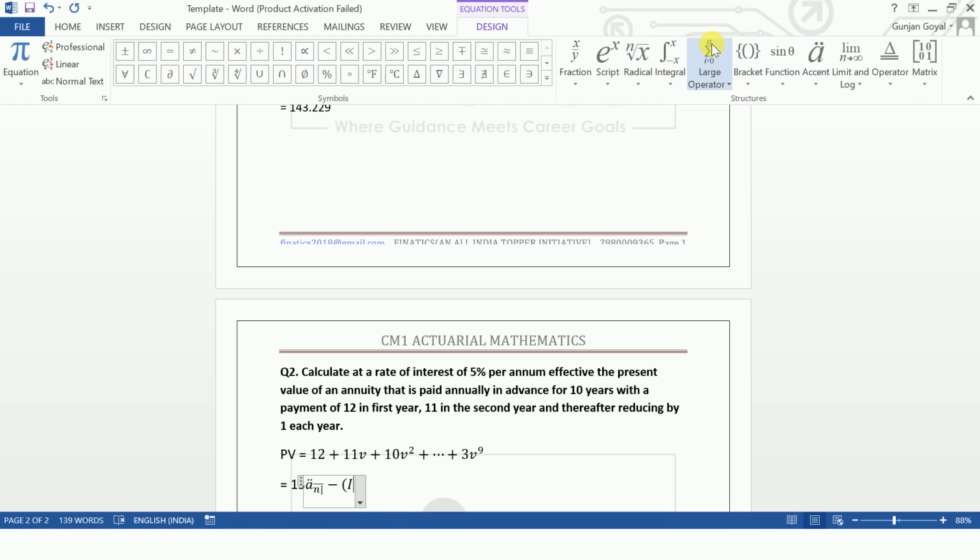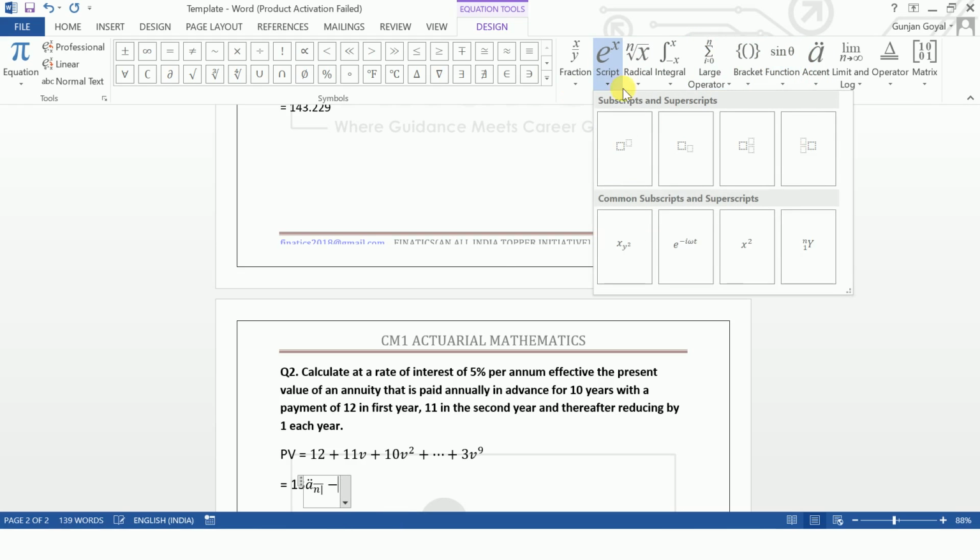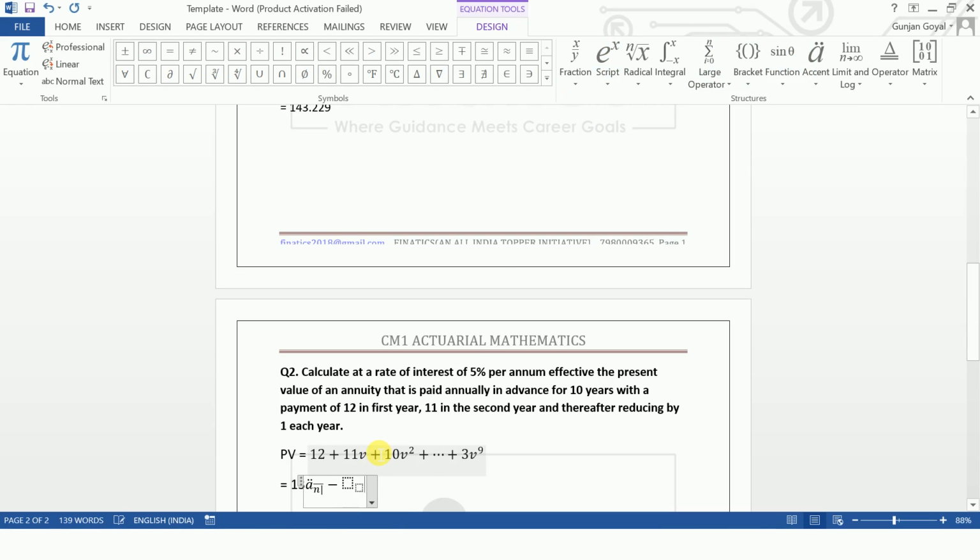Again, first you need a subscript. I'll insert my subscript here first, then I write I, and then I need the a-due sign, and I can close these brackets here the way we do in theory.